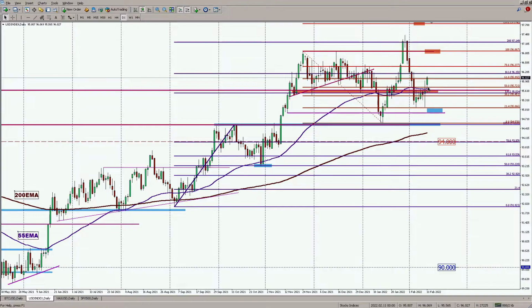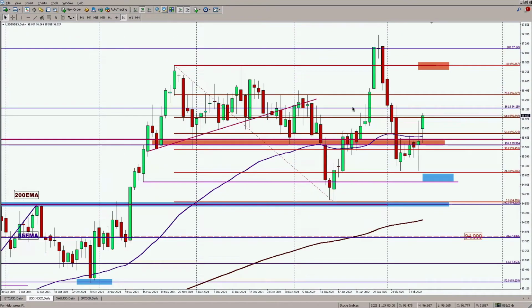And it did gap up on the Friday. So it's turning bullish in the short term, closing the gap and continuing to rally back up. So that's a good sign for the US dollar in attempting to recover.